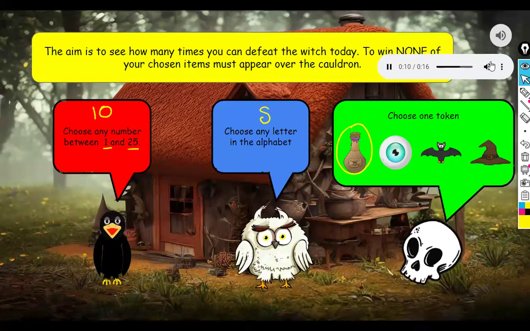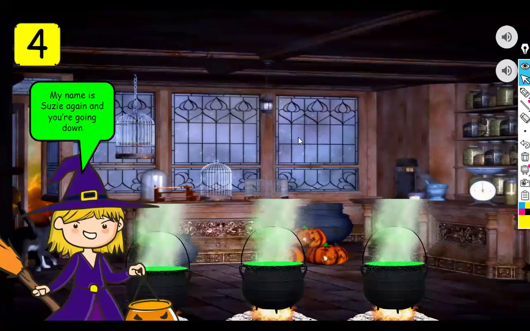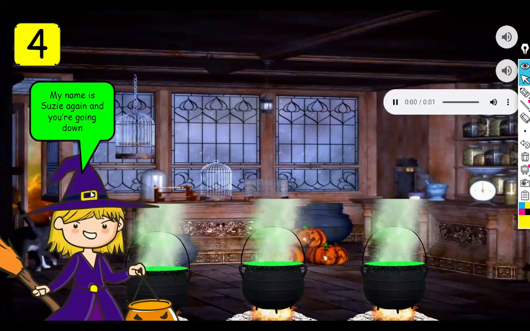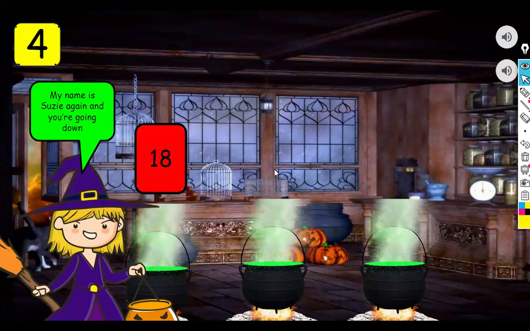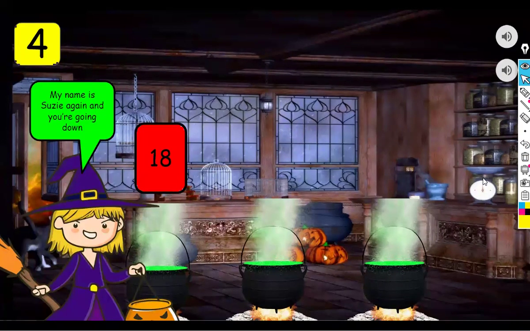All right, so let's have a look. All right, so it's Susie again. Let's go. First cauldron, 18. Well, I'm still living because I chose 10. I suspect a couple people lost already, because I did see a couple 18s pop up.